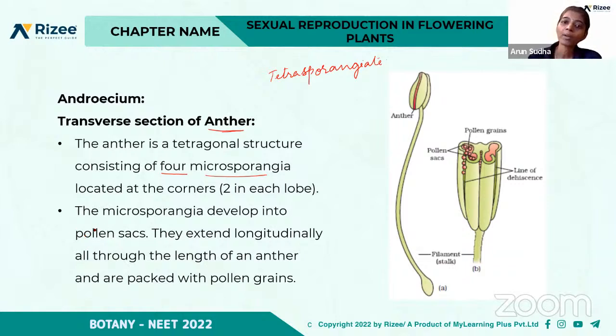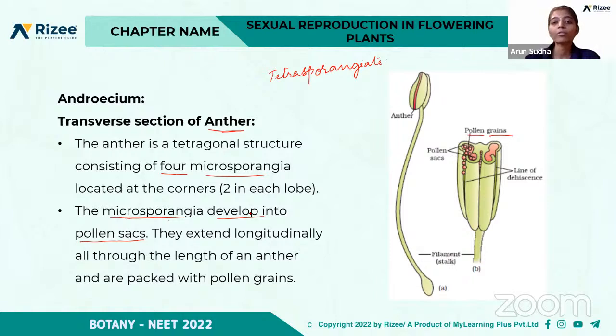These microsporangia develop into pollen sacs. If you see the tip, these are the pollen sacs. In between, there is a separation, and this pollen sac is packed with pollen grains. So this is a filament, and this is the top part, that is the anther, and it contains the microsporangia, and these microsporangia develop into pollen sacs.